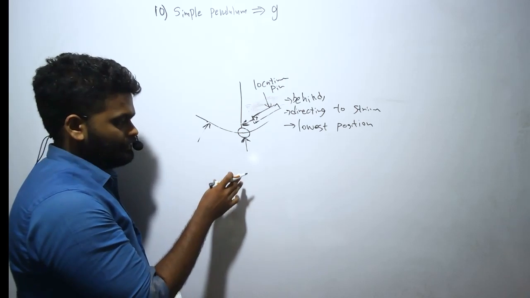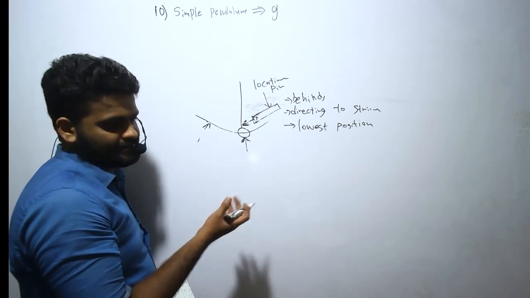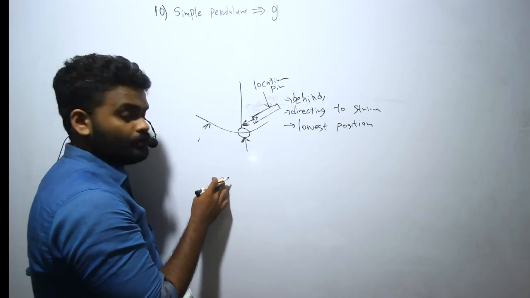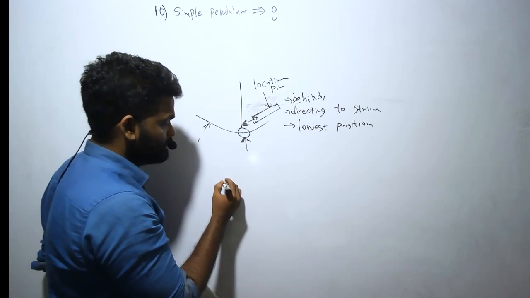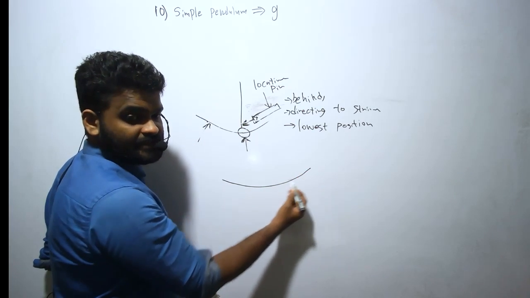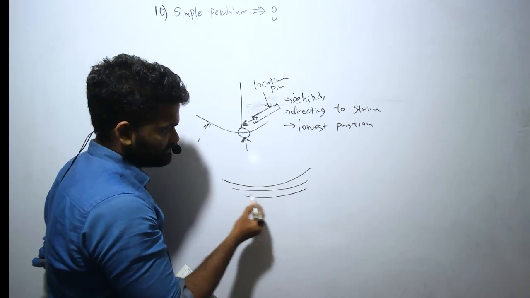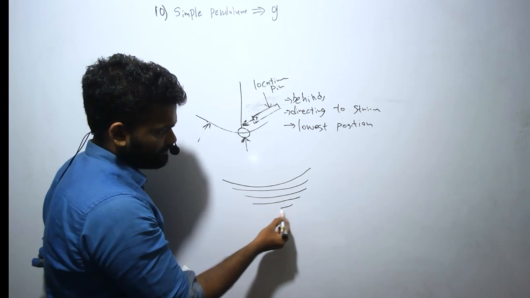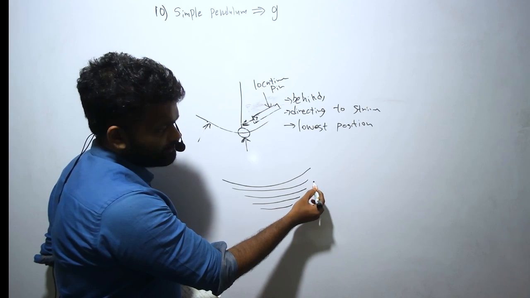So let's say, even though we say that there is no air resistance, there's air resistance, right? So when we are taking this for 25 oscillations, what happens? Practically, if the oscillations, initially like this, gradually decrease due to air resistance, what happens if you place the locating pin here?